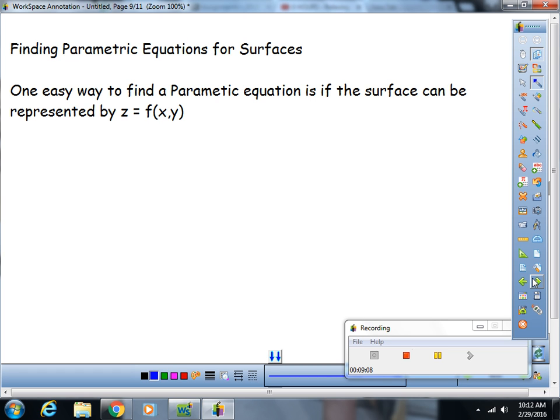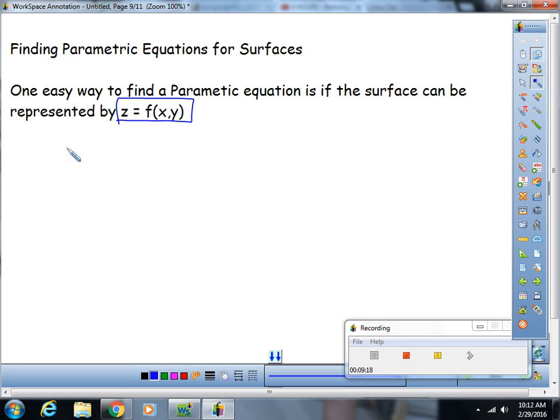One really easy one is if the equation was something that could be represented as z equals f of x comma y. I believe these were the oids, if you remember your oid sheet.